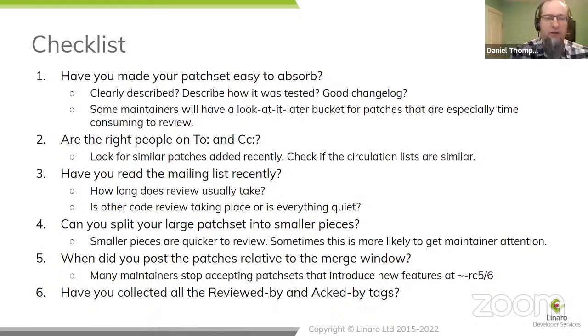So there's a number of things that we have to talk about when we're talking about being ignored. But the first thing is what I'm calling the checklist here. It's, have you done everything that you can do to make sure that your patch set can be absorbed by the kernel maintainers?